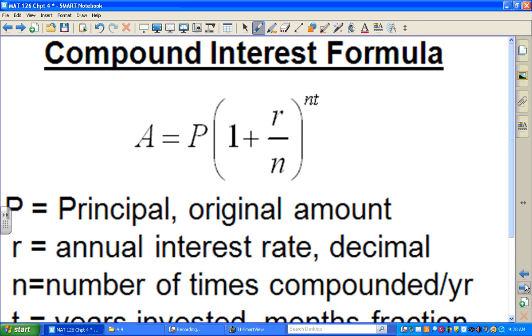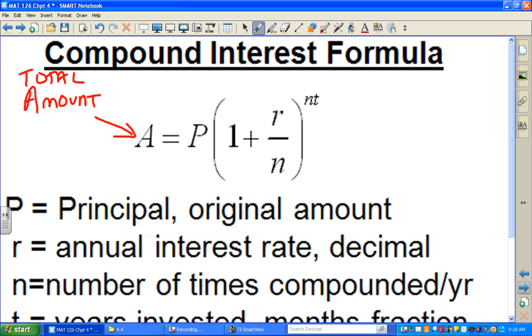All right. Compound interest. Do you know all these back there? Good. What's A stand for? Nope, the amount. Oh, you know what? In this class, we'll just call it the total amount. It's actually the amount accrued in your account.